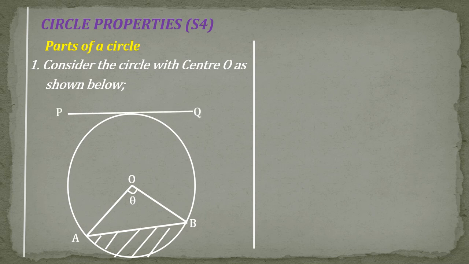So we have the tangent PQ there, then we have our center O, so we have our radius R, the distance from the point O to any point on the circle, which is the same as the distance from O to the point A. So OA and OB are equal in length, and that is what we call the radius of a circle.